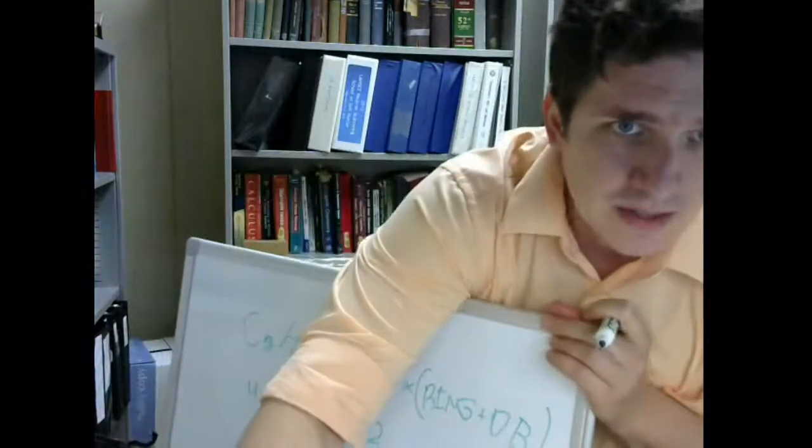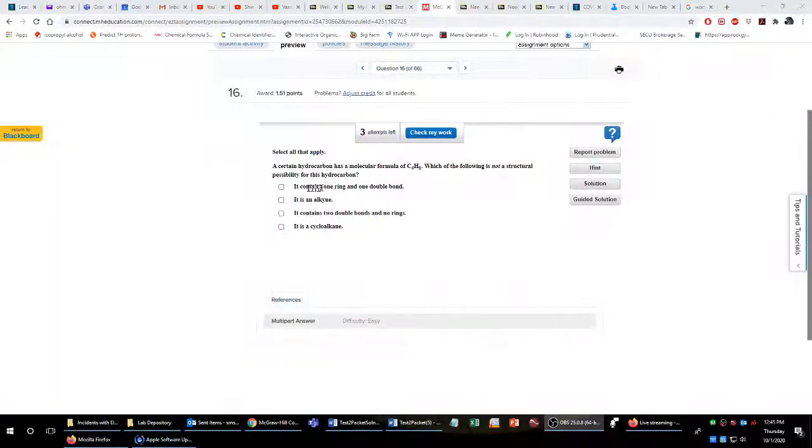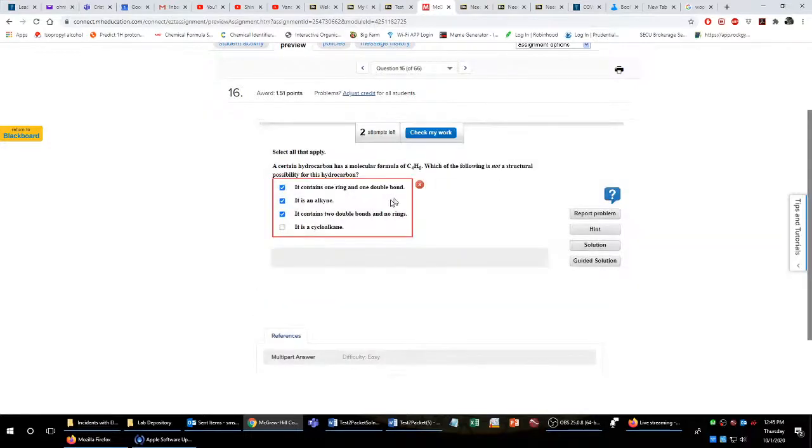So if we go through the list here, contains 1 ring and 1 double bond, that meets our criteria. Is an alkyne. An alkyne has 2 pi bonds, that works. Contains 2 double bonds and no rings, that's a possibility. It's a cycloalkane, meaning that it doesn't have a double bond, so that's not a possibility.